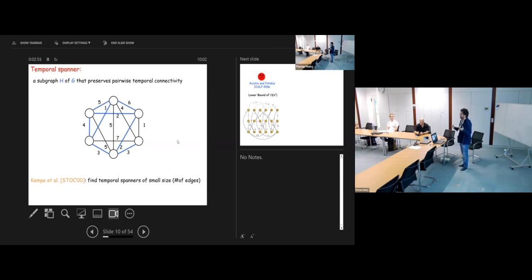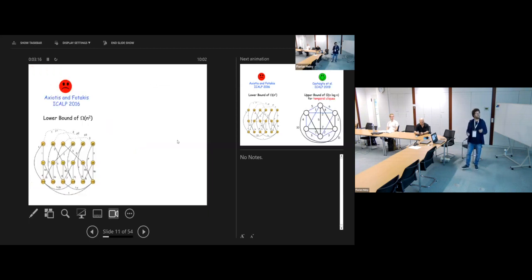The goal is to find good temporal spanners, that is, spanners with small size, where the size is measured in terms of the number of edges of the subgraph H. Okay, this is the starting problem, and what is known for this problem?